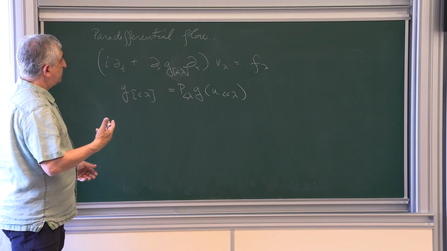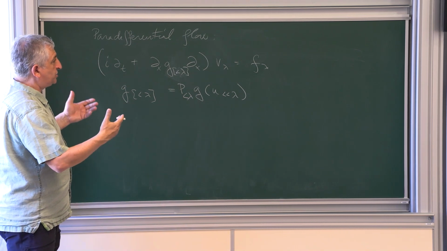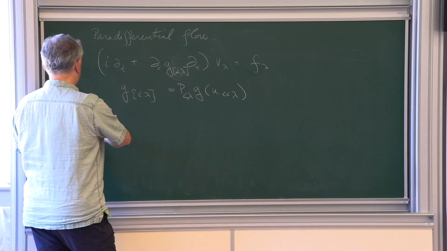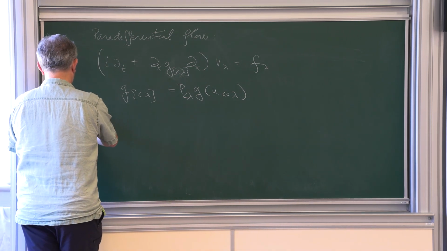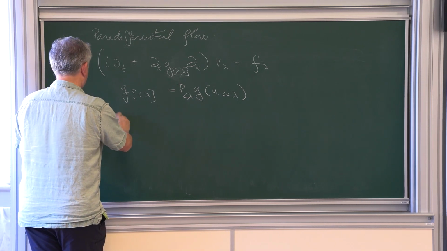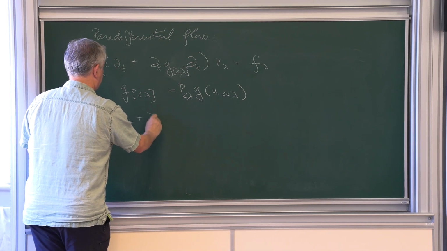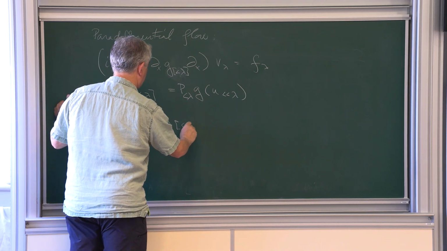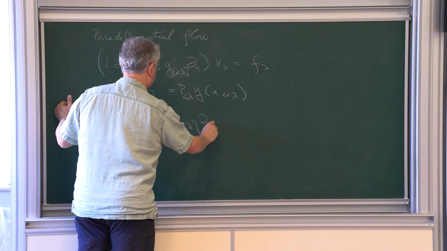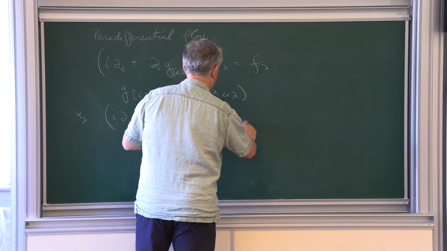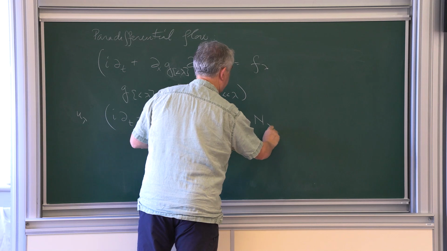And then we would like to write down our equation as a paradifferential equation. So the equation for u lambda, which is the lambda localization of u, would be i dt plus dx g less than lambda dx of u lambda is equal to maybe some nonlinearity.